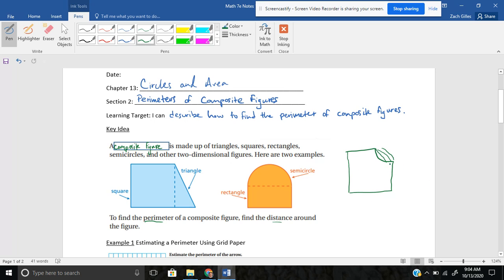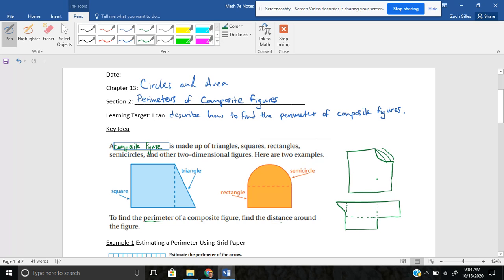Or maybe, for example, you're going to raise some horses or cows someday, and you need to put up some fencing, right? So here's going to be your pasture, and it might be something like this, where it's comprised of a triangle and a couple rectangles or something like that.